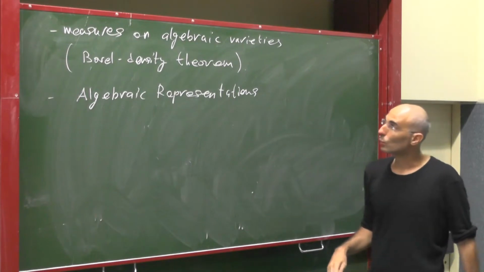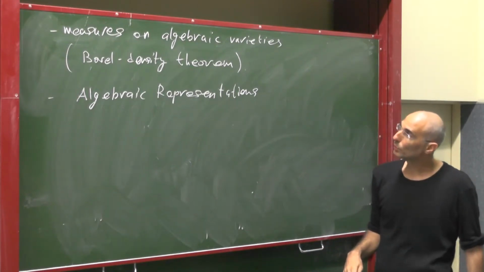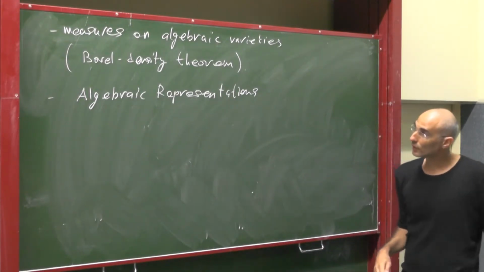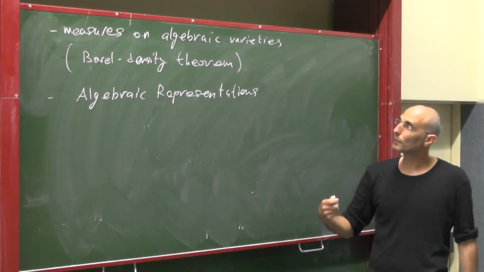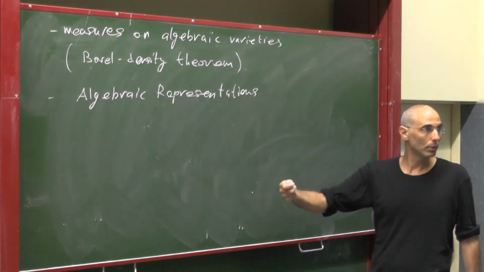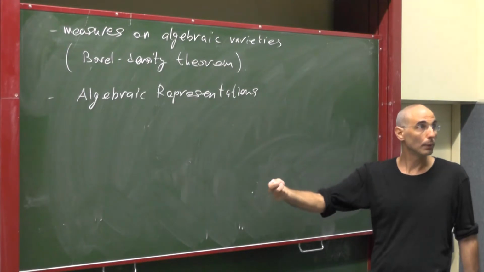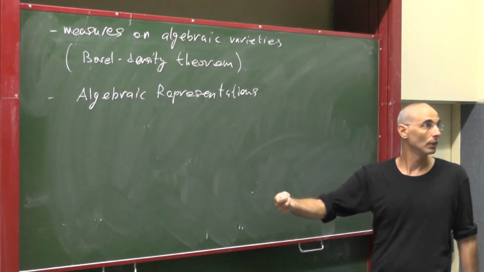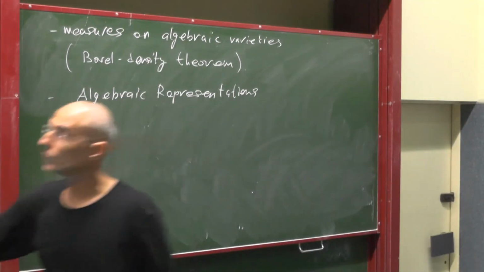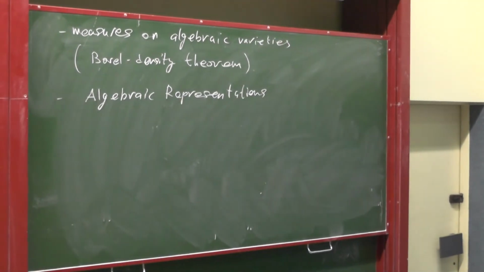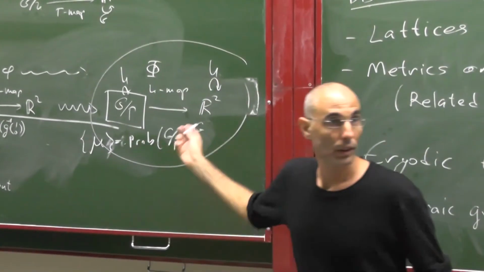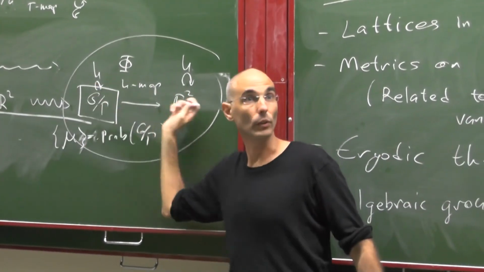And what appears to be very successful is not studying only the algebraic representations of the groups themselves, but also the actions. So take this action, group and point, and represent it. So here, you act on that, and you act on this, and represent this group action into that.